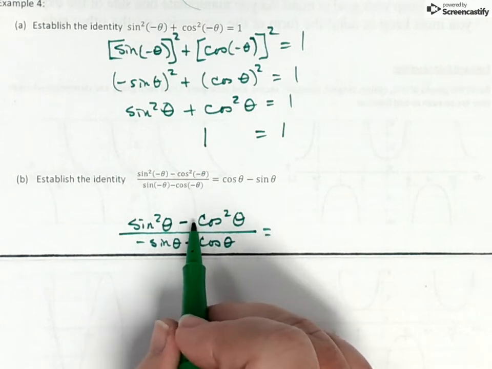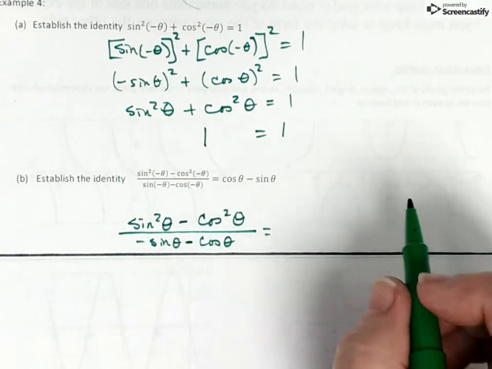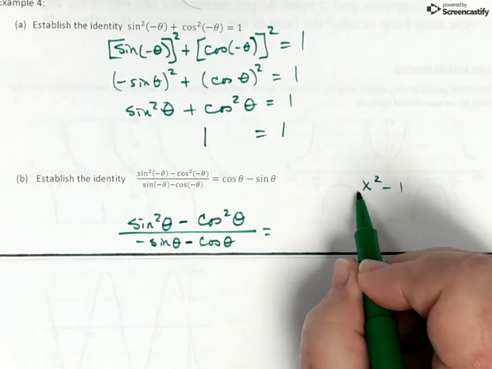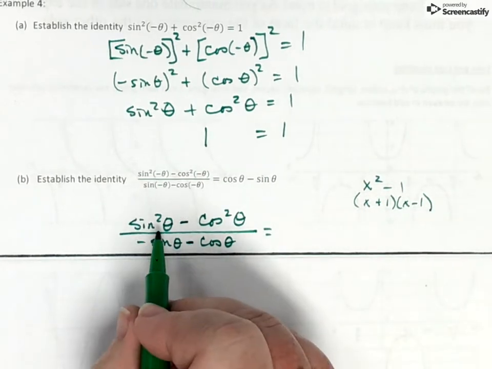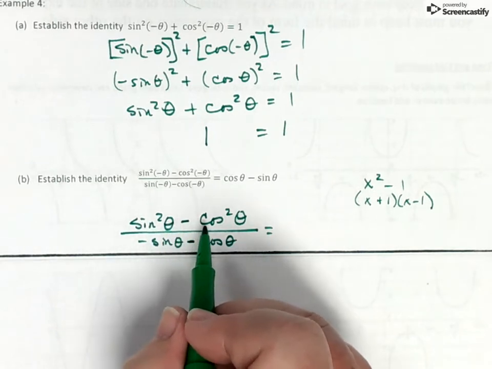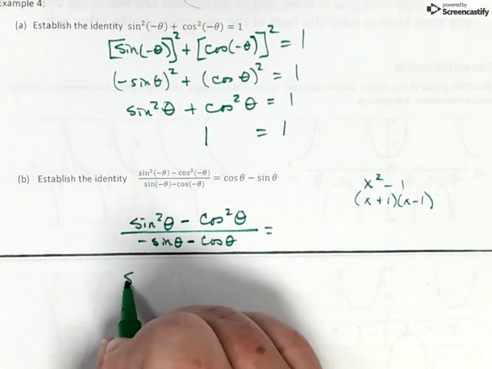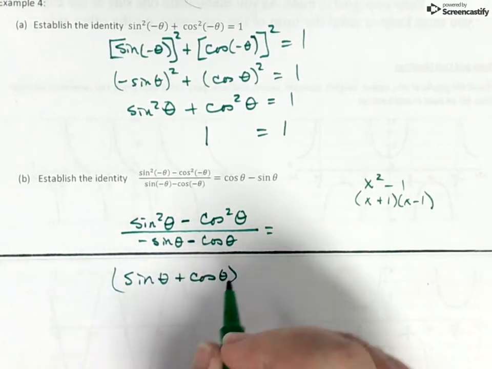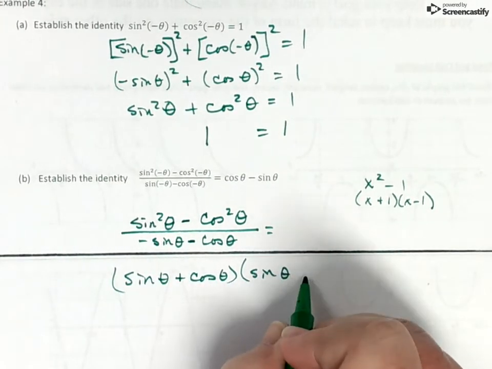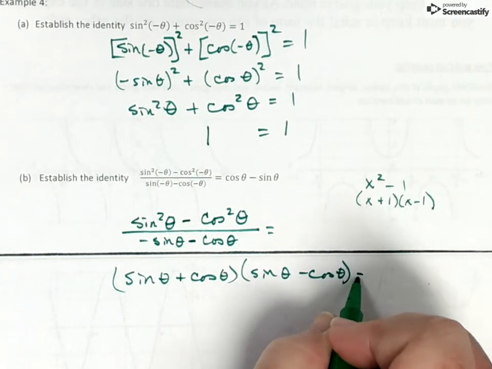But since it's minus, it's a difference of squares. Remember that pattern? X squared minus 1. And so we factored x plus 1 times x minus 1. Well, this is sine squared minus cosine squared. So we're going to factor that as sine of theta plus cosine theta times sine of theta minus cosine theta.